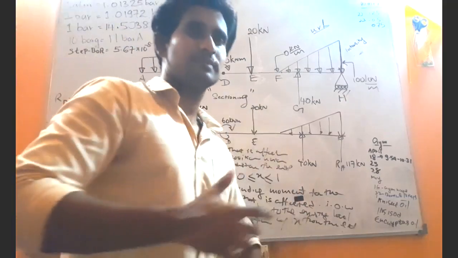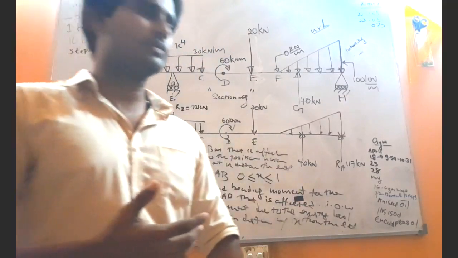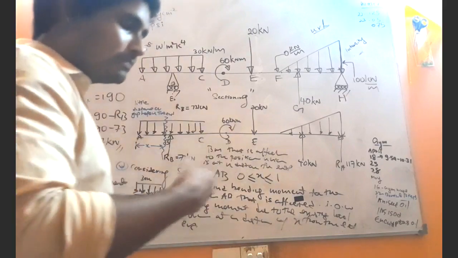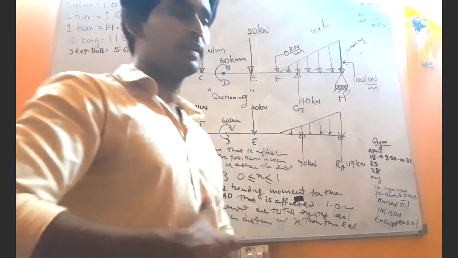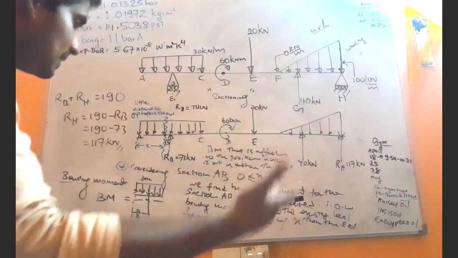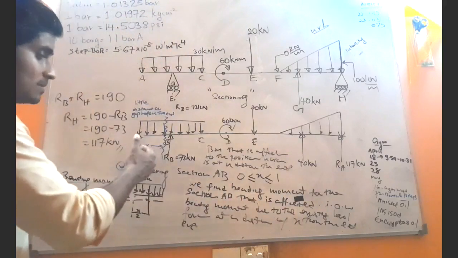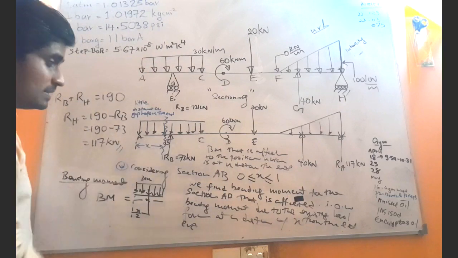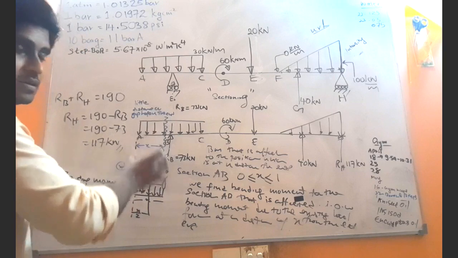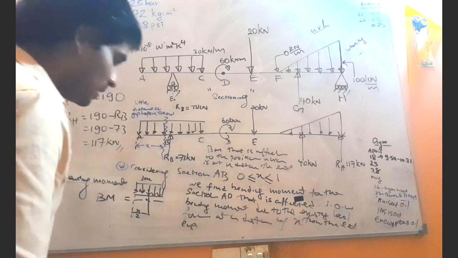Most of the time students do not know what is the exact point where the bending moment is acting, and that is where most students get confused. Actually the bending moment is acting at a distance x measured from the left end, because of the existing forces.